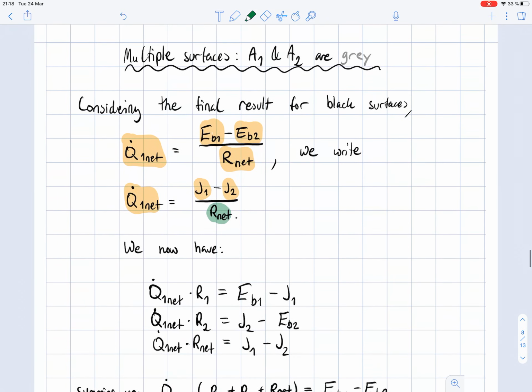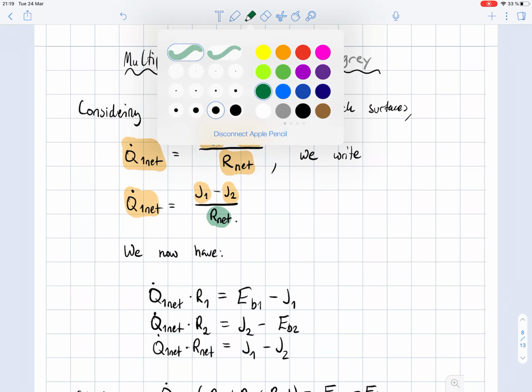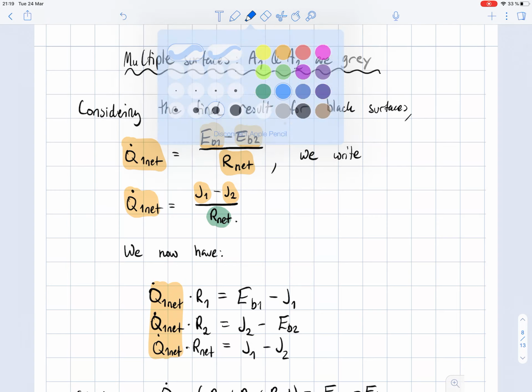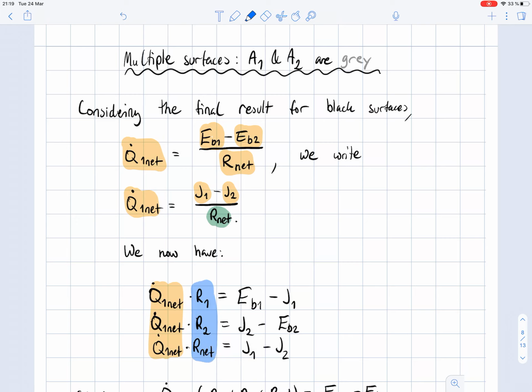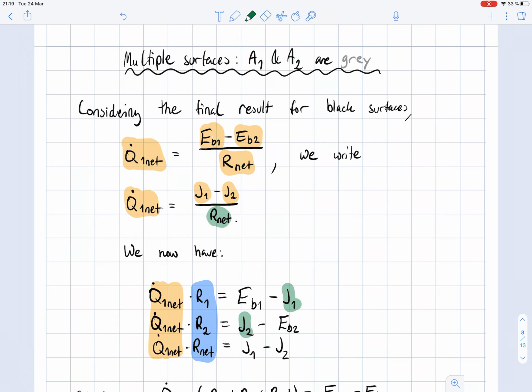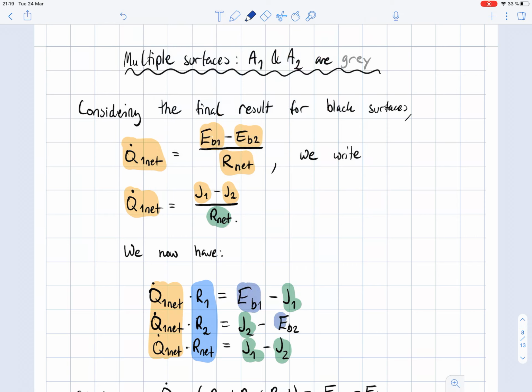So we now have three equations. All of them are related to Q1 net. They have three different resistances. They have the unknown radiosities, but they also have the known blackbody emissive powers.